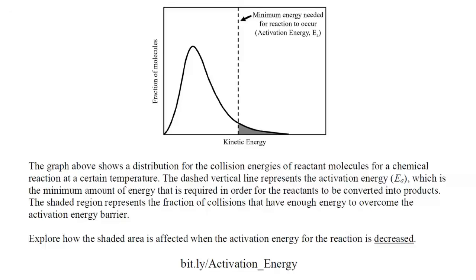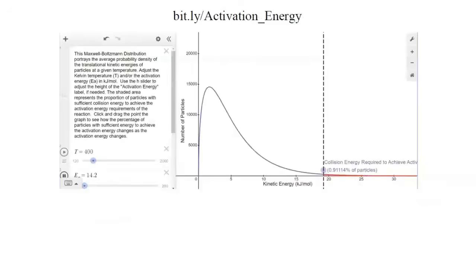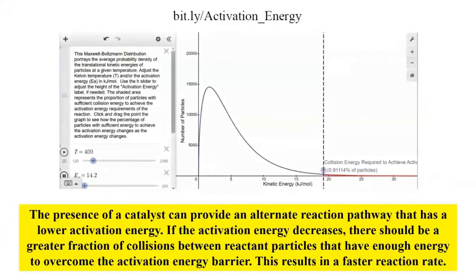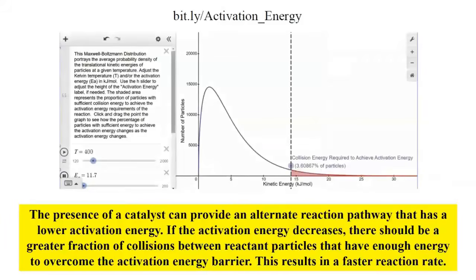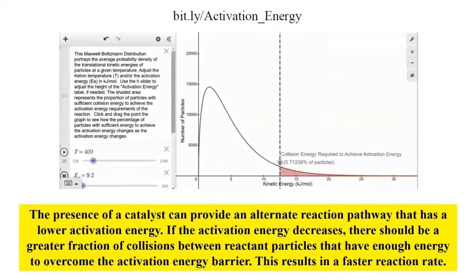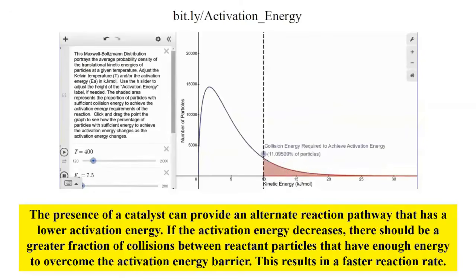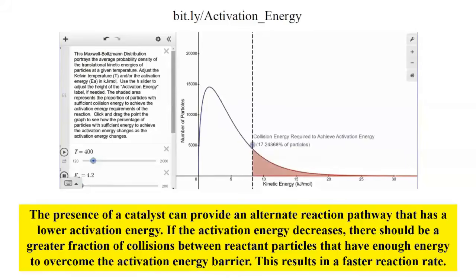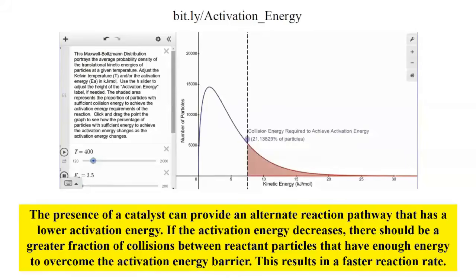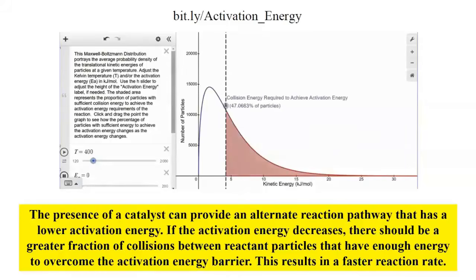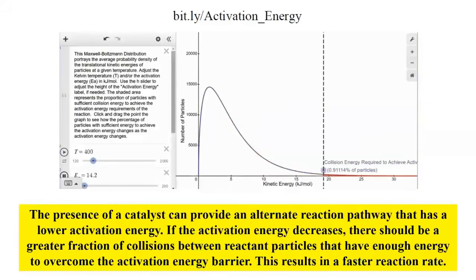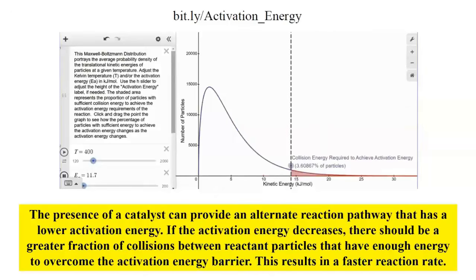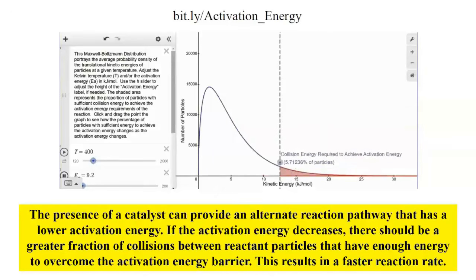Again, I'll put that link in the video description area. So take a look at that dashed vertical line as it moves from right to left. So as the activation energy is lowered, you can see a greater shaded area under that curve representing the fraction of the collisions that are successful or have enough energy to overcome the activation energy barrier.